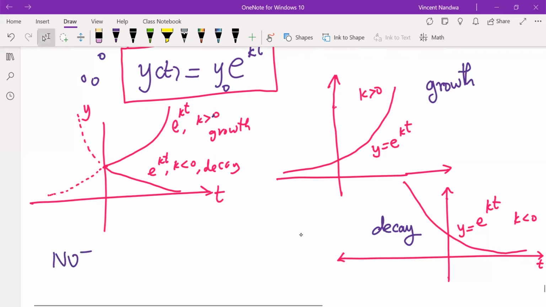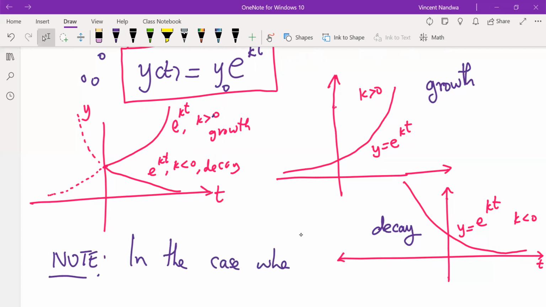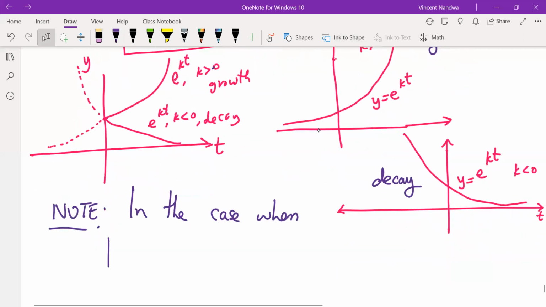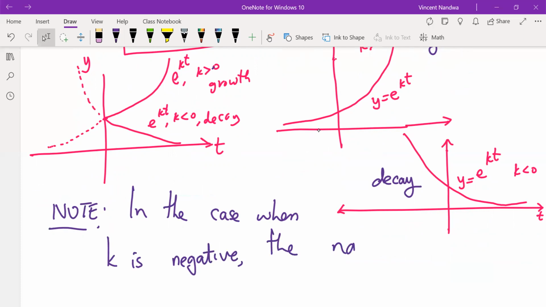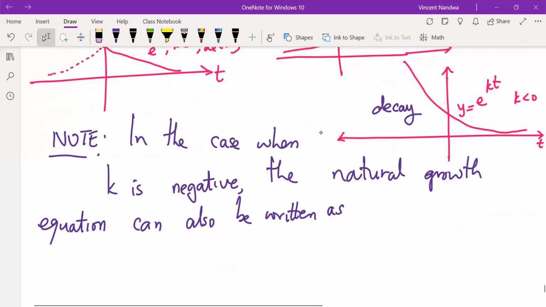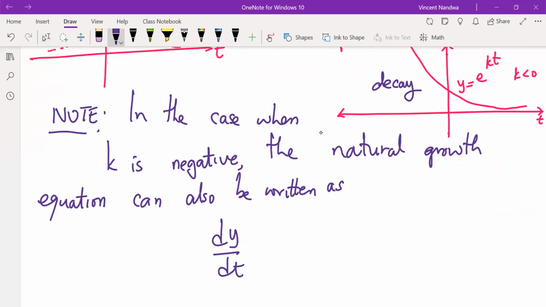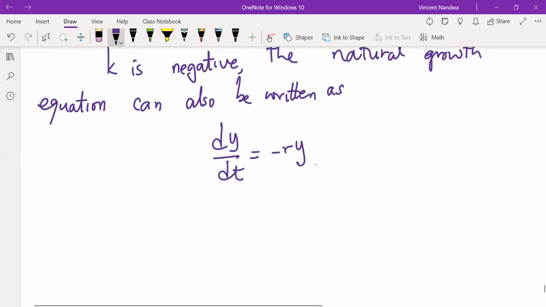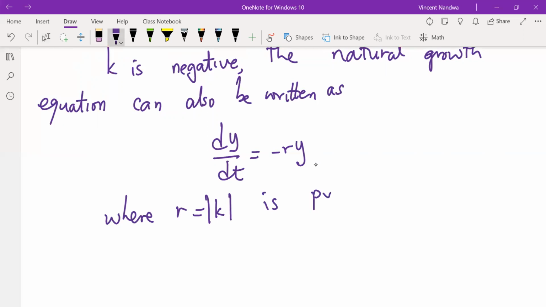Note that in the case when k is negative, the natural growth equation can also be written as dy dt equals negative ry, where r, the absolute value of k, is positive.